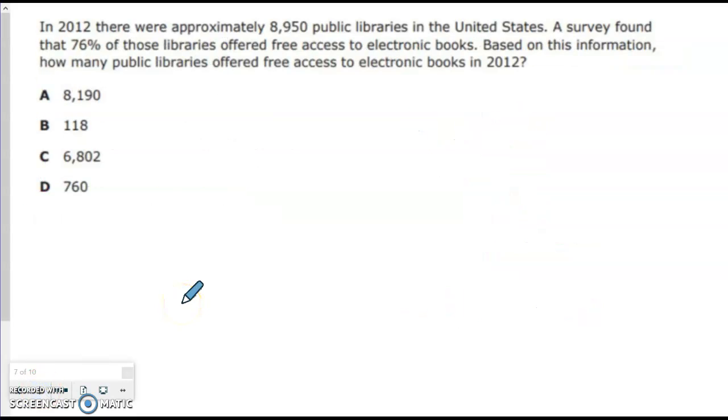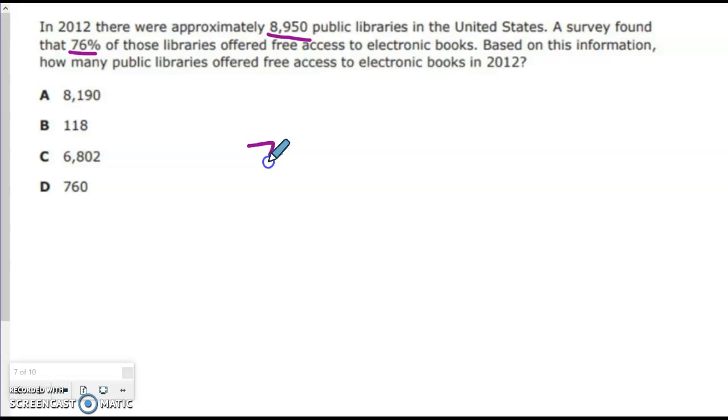In 2012, there are approximately 8,950 public libraries in the United States. A survey found that 76% of those libraries offered free access to electronic books. Based on this information, how many public libraries offered free access to electronic books? So we're trying to figure out what 76% of this number is, because this is all the libraries.